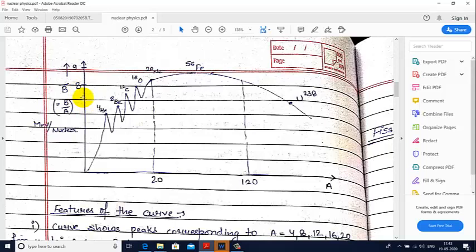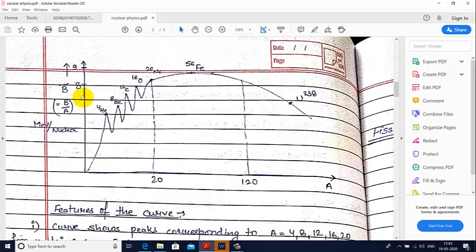Suppose the binding energy per nucleon for a nucleus is quite high, then in that case the energy required to break the nucleus will be higher. So more energy will be required to break the nucleus into its components, which are protons and neutrons. So we can say that the nucleus is quite stable because a small amount of energy cannot break it.